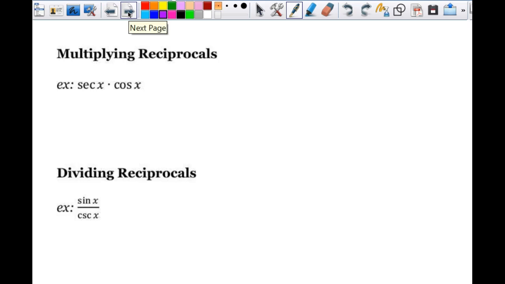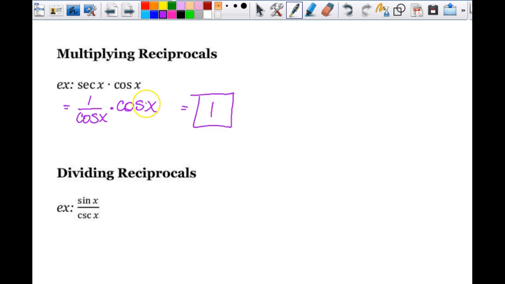So then multiplying reciprocals. Basically just making sure that you know, and really a lot of these reciprocal ideas, this is the same idea as rewriting it in terms of sine and cosine, right? Instead of secant, how can I write that? 1 over cosine. So 1 over cosine of x times cosine of x, what's that going to equal? 1. Okay. So if you multiply something by its reciprocal, you're just going to get 1. Things cancel out.